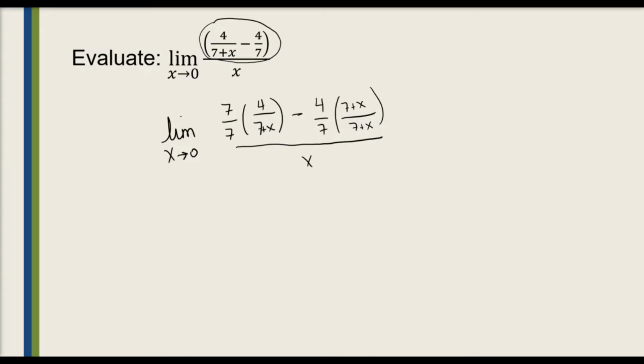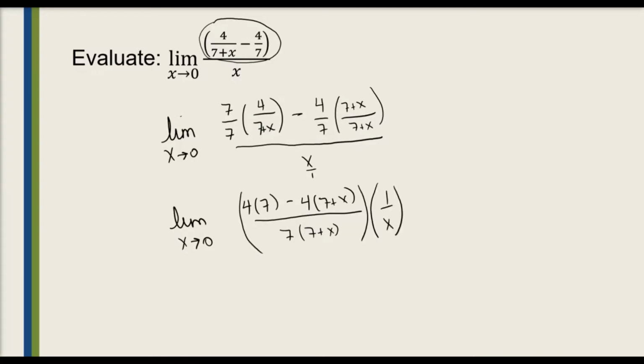And so now this would give us the limit as x approaches 0 of, so we'd have 4 times 7, and then minus 4 times 7 plus x over 7 times 7 plus x. And now remember, dividing by x, that's like x over 1. And to divide fractions, we flip the second fraction and multiply. So this is the same thing as multiplying by 1 over x.